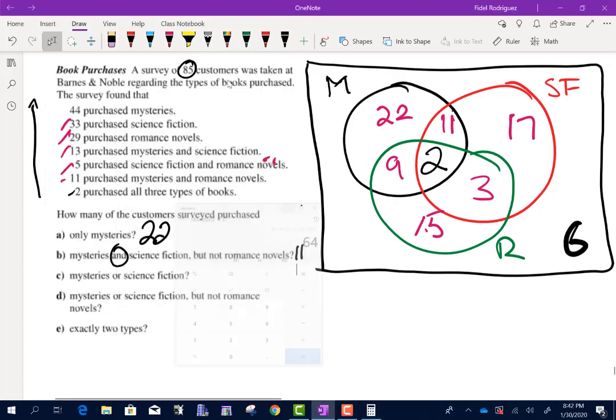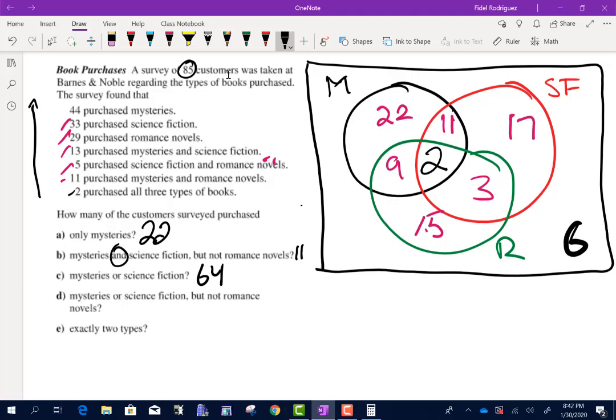That's going to give me a total of 64. Okay, now I want to explain something here, guys. Sometimes people say, why are you including those numbers? Because as long as they're in the black circle and as long as they're in the red circle, they are either a mystery or a science fiction. Now, they could be romance as well, but they're still a mystery. They're still a science fiction because they're still in that mystery circle or science fiction circle.